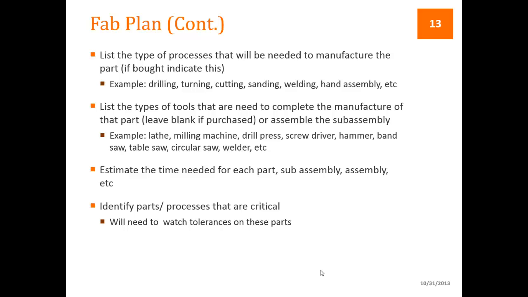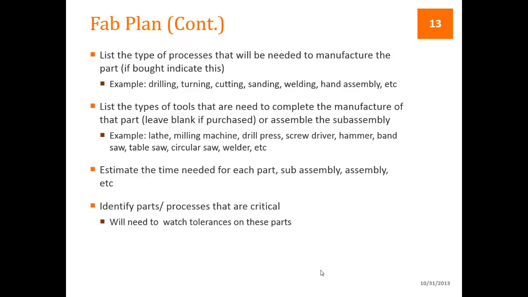What we're going to look at for each of the components is the processes needed to manufacture it. If we're actually just purchasing it, just indicate that it's purchased. But if we're building it in any way, are we going to be drilling it? Are we going to be turning it? Are we cutting it, sanding it, welding it? This type of thing.